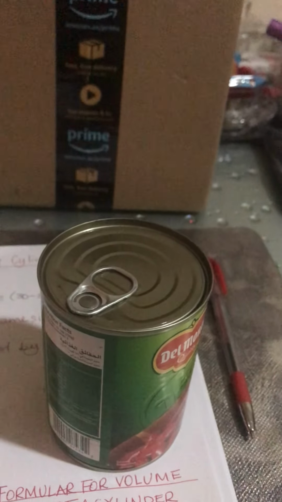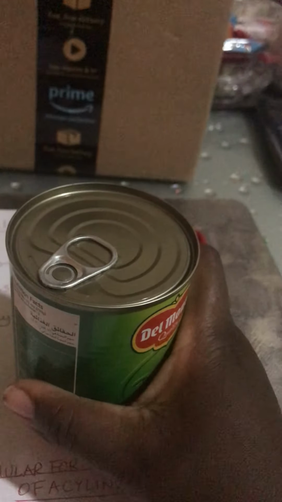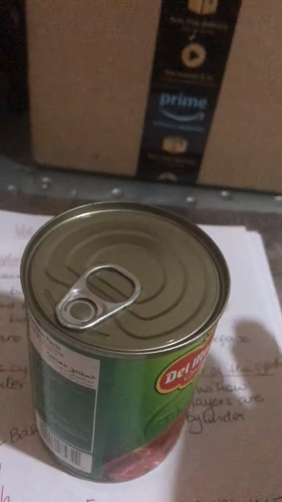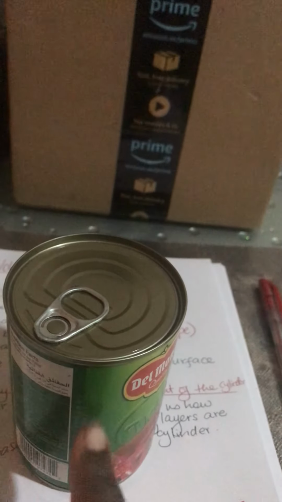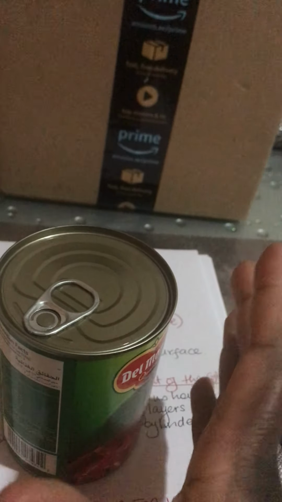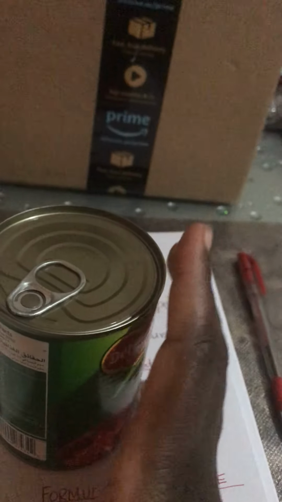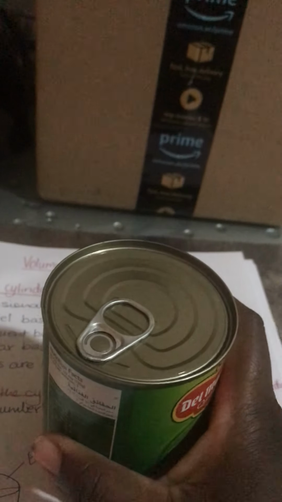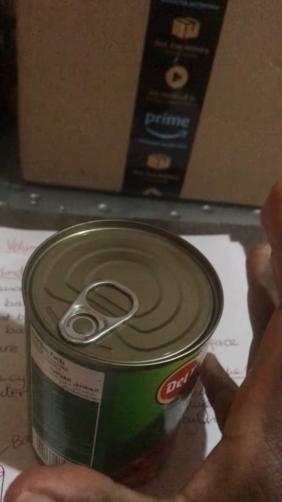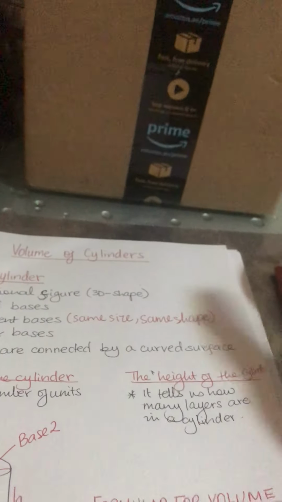Now, why are we calling it a three-dimensional shape? Because it has a base and it has a height. That means it takes up space. Anything that takes up space is called a three-dimensional shape.